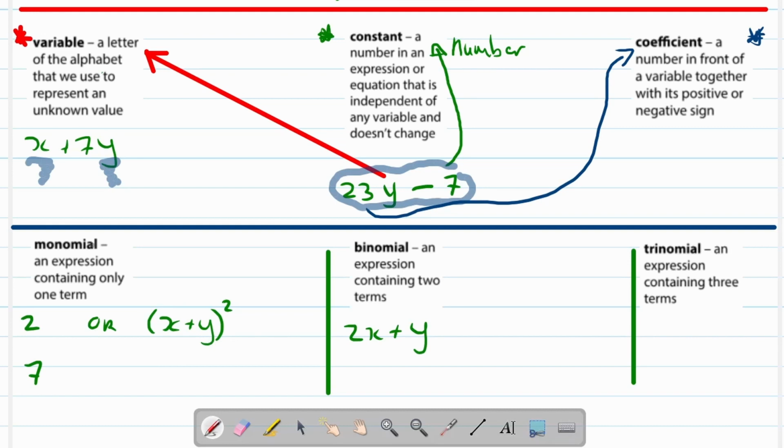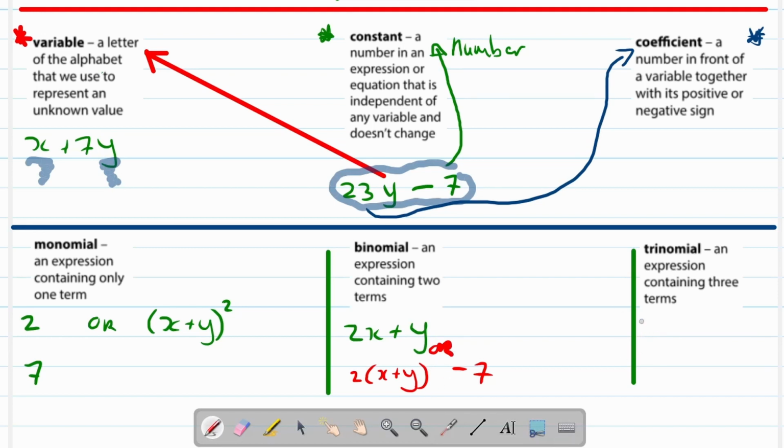This bracket represents one single term because of the bracket. Over here, this is a binomial. We can also write down other binomials looking like this, 2 bracket x plus y minus 7. As it is written here, this is a binomial.